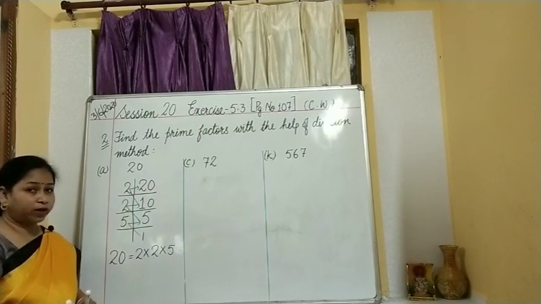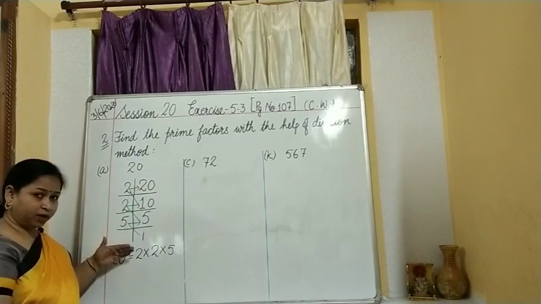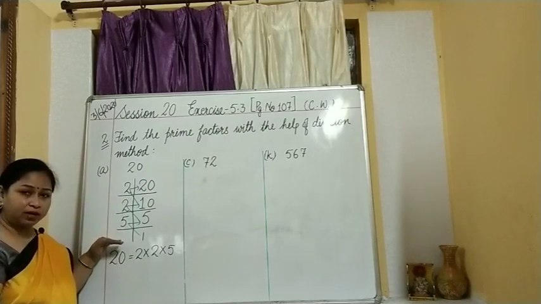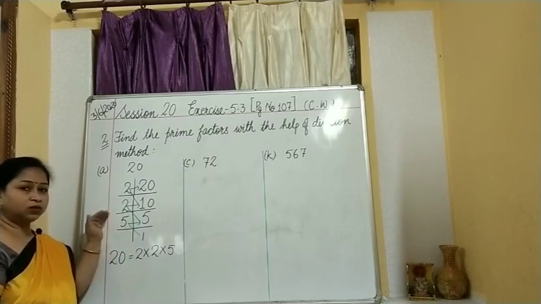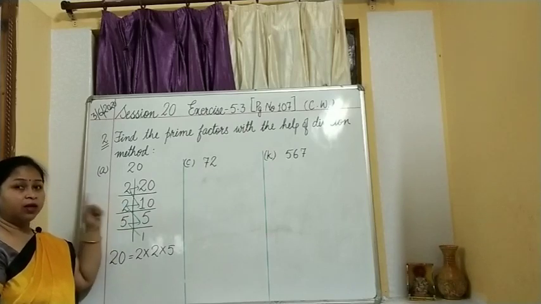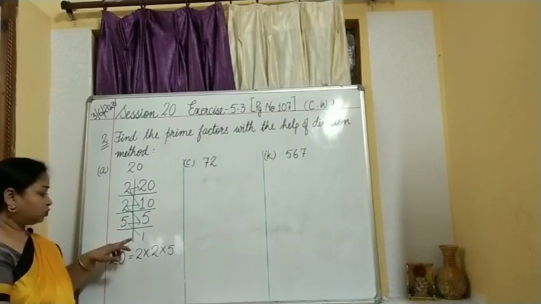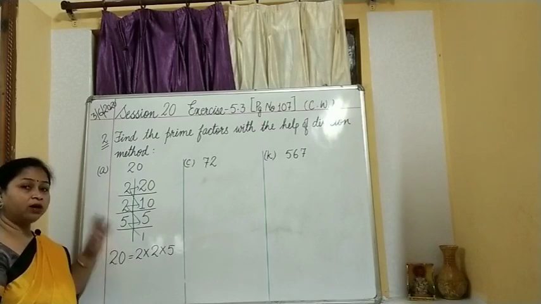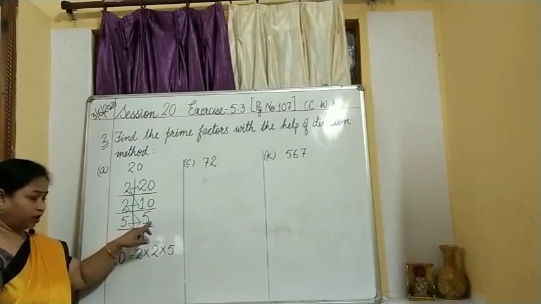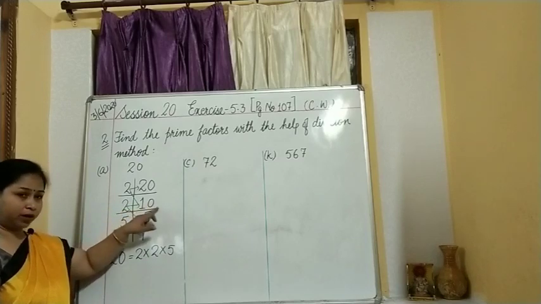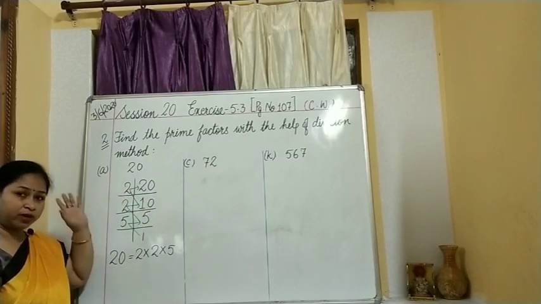So vice versa, while coming down you are dividing at each step, and if you want to verify your answer, you can take a zigzag path and check it. While moving up, you are multiplying. Check once again. 1 5s are 5, 5 2s are 10, 10 2s are 20.